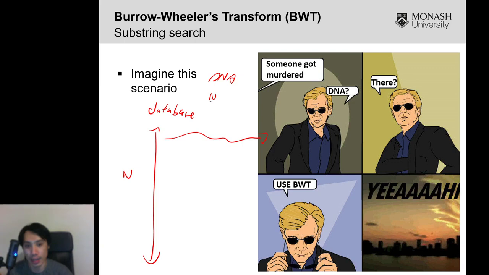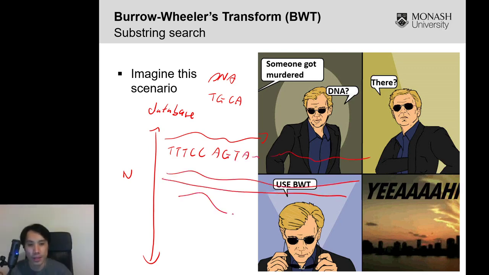It can be made out of the 4 bases, T, G, C, A, so it can be T, C, C, A, G, T, A, C. It's very, very long. Let's call it M. Now imagine you want to search through O of NM, where your n is millions and your m is billions. It is very, very slow.